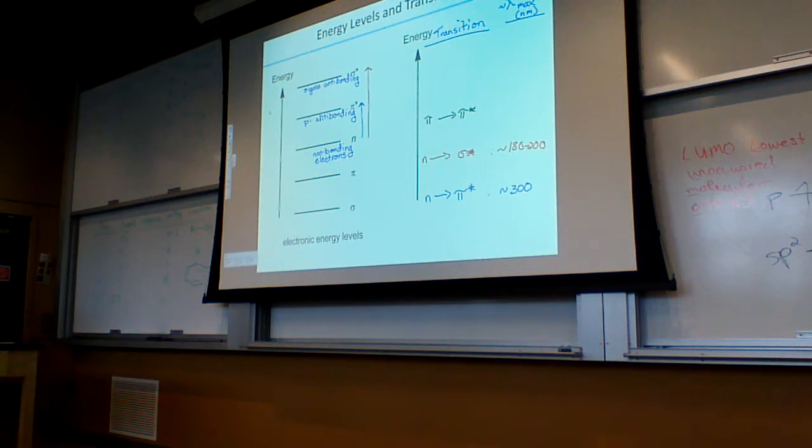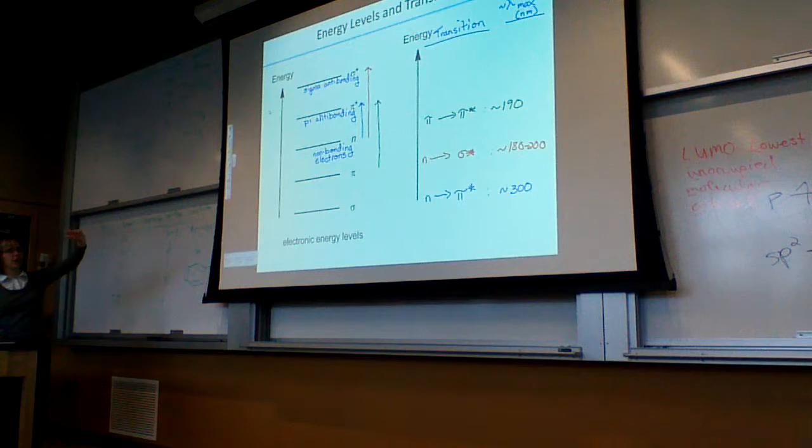So an excitation of an electron from a pi orbital to the pi antibonding orbital. And this has somewhere in the range of 190 nanometers for its lambda max. And you can see relatively that's going to be similar in energy from the N to sigma star and the pi to pi star.